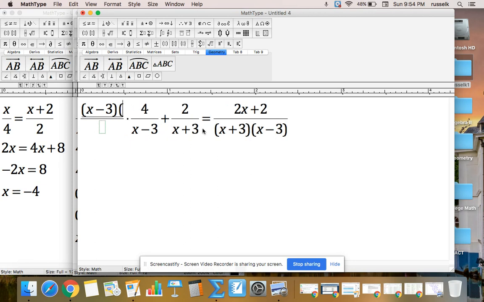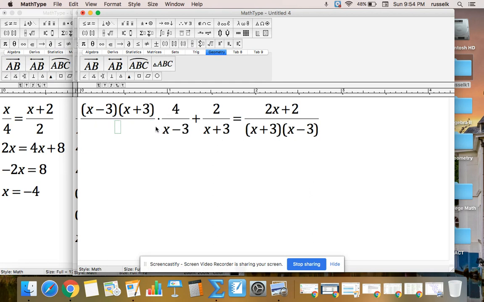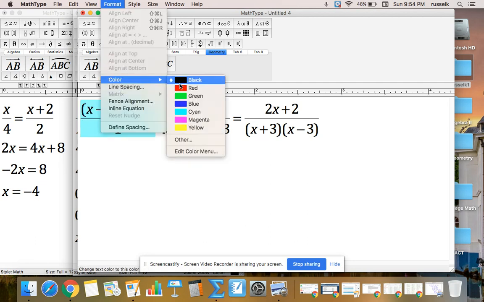X plus 3 needs to be included. Our goal here is to get all the fractions to cancel, so if this x minus 3 is going to cancel, it has to be included in what I'm multiplying. X plus 3 has to be included, and then looking at our last denominator, x plus 3 is already there, x minus 3 is already there. So this is our least common denominator in red here.